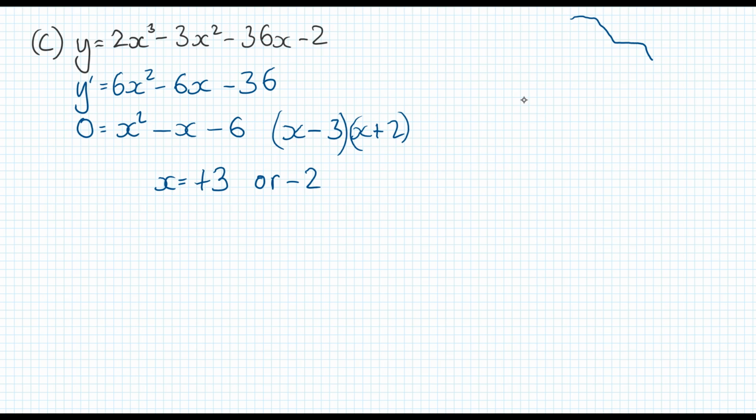Okay, so for this point at 3, we've got 3 cubed. I'm just substituting into the original equation to get y values for these points and make these points not just x values.